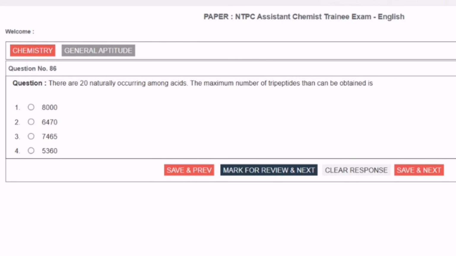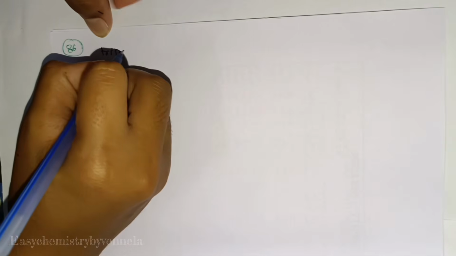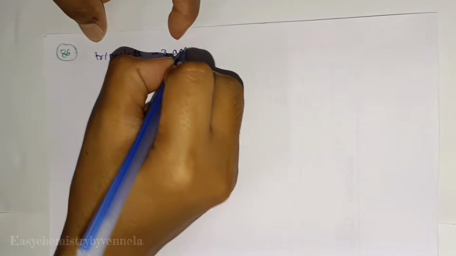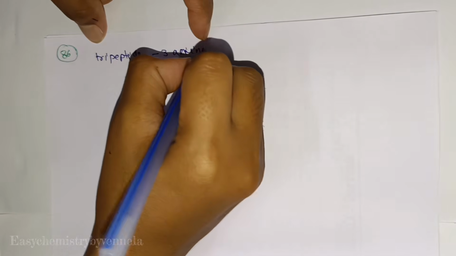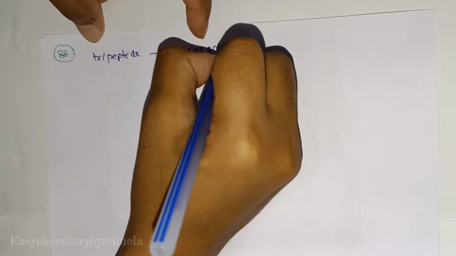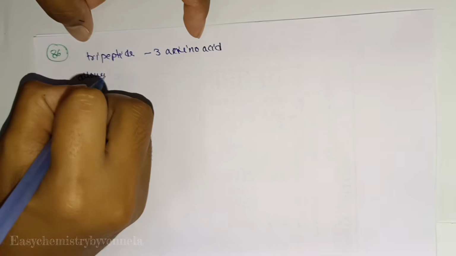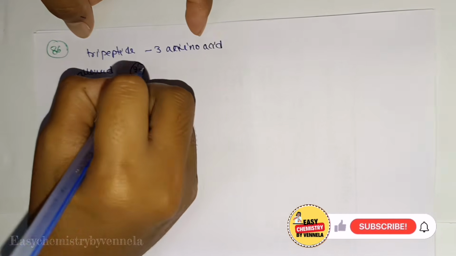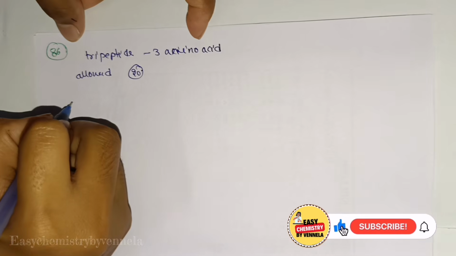Next question. There are 20 naturally occurring amino acids. The maximum number of peptides that can be obtained is, tripeptide. That is 3 amino acids. Repetition is allowed. That means each of the 3 positions can be occupied by any of the 20 amino acids.